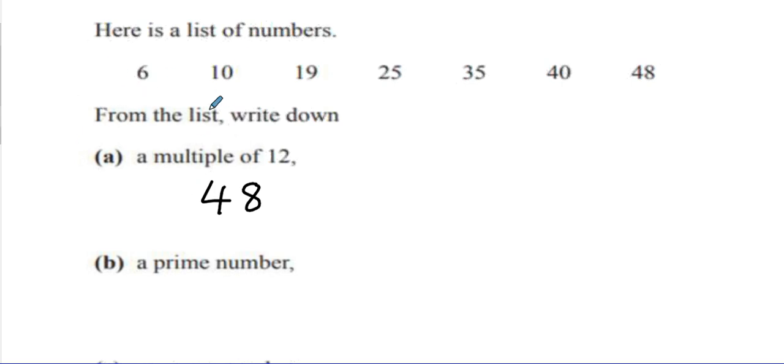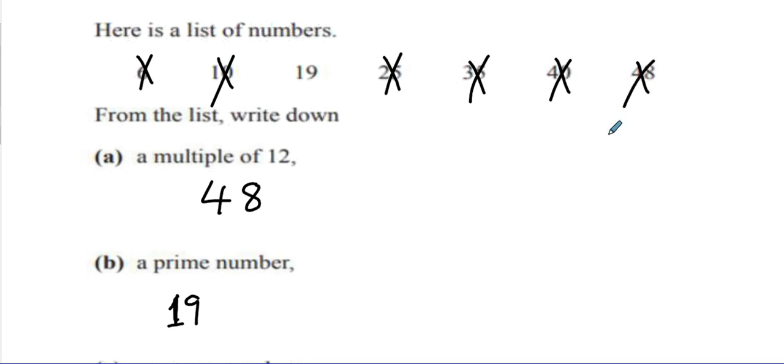Okay. Now what are the prime numbers? 6, no. 10, not a prime number. 19, yes. Why? Because 19 has only 2 factors. 19 is divisible by 1 and also 19 is divisible by itself. 25, no. 35, no. 40, no. 48, no. So a prime number is 19.